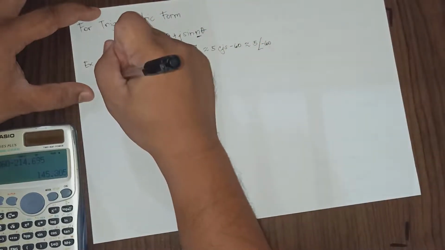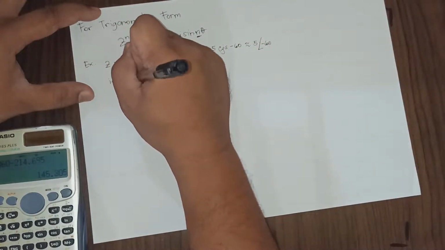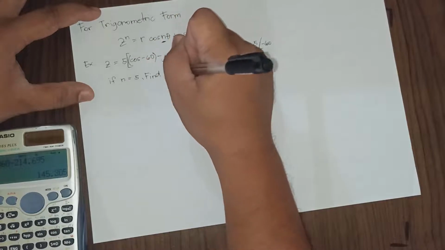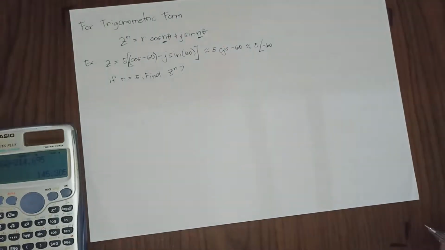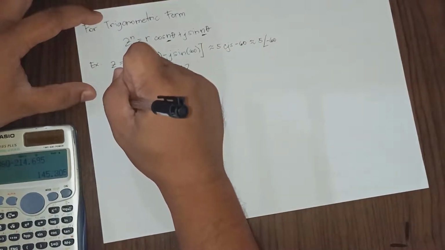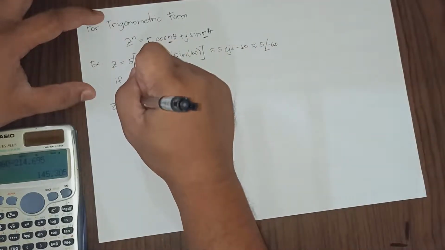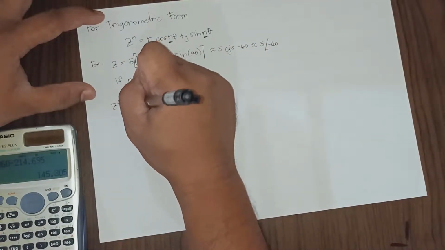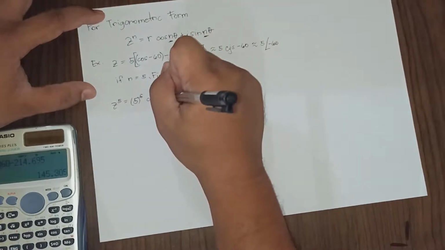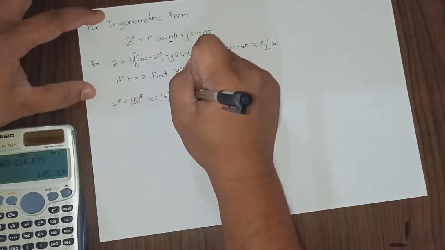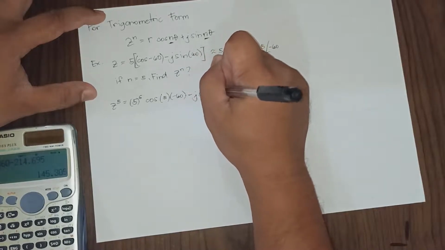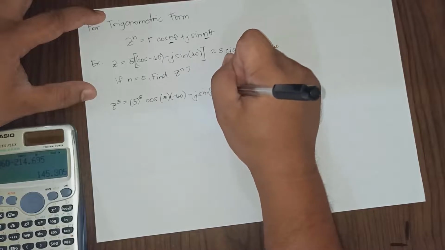So, if n is equal to 5, find z^n. So, z raised to 5 is just 5 raised to 5, cosine of 5 times negative 60, minus j sine of 5 times 60.